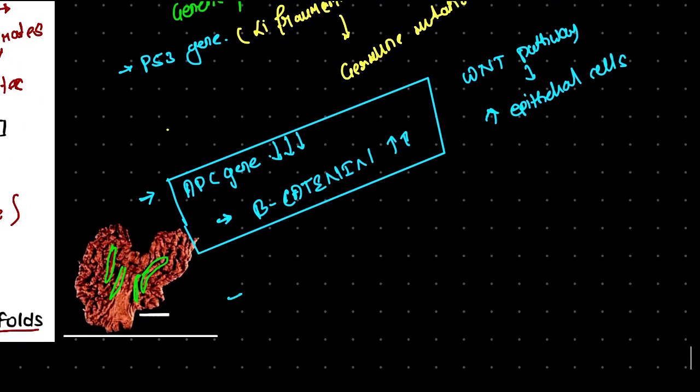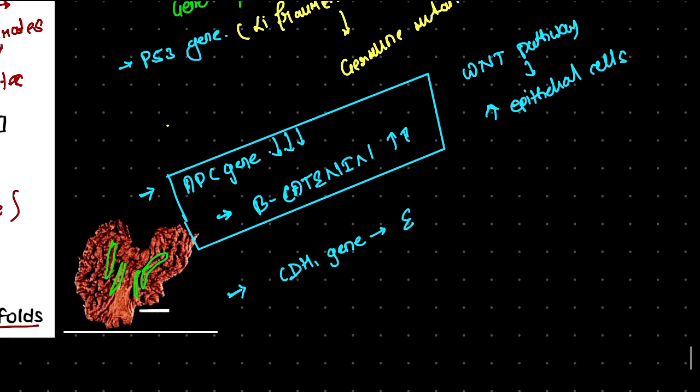Now moving further to another important gene, and that is the CDH1 gene. What is this CDH1 gene? The CDH1 gene is responsible for coding our E-cadherin, right? And this E-cadherin is a substance that helps in binding two cells together.